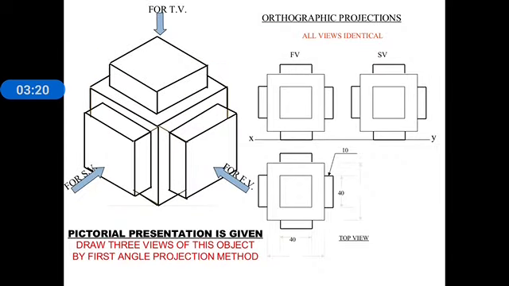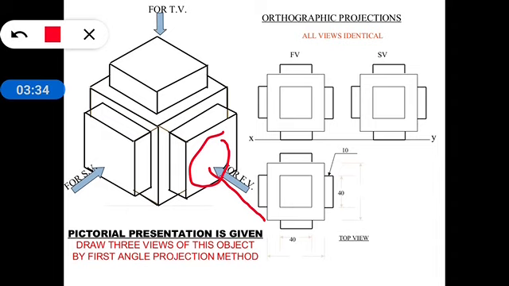This is a simple object. I will show its front view, top view and side views. If I see this object from this side, in the front view I can see only this plane and this plane, and on the opposite side the same, and on the top side we can see this plane.